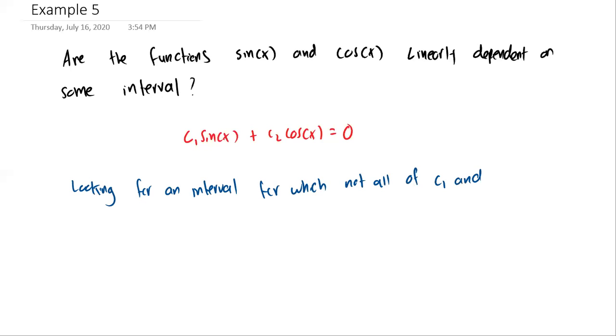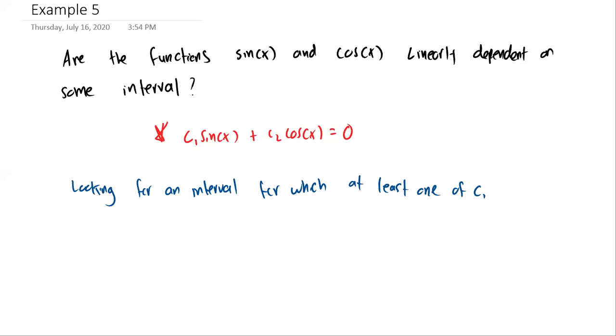So I'm going to write: at least one of C1 or C2 is non-zero. And again, let me just call this equation star.